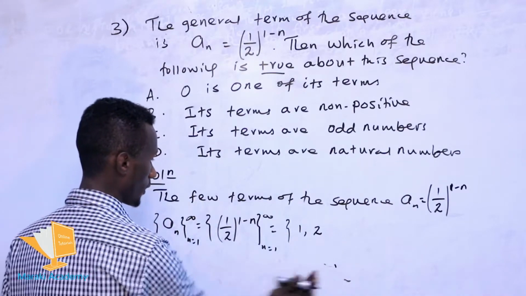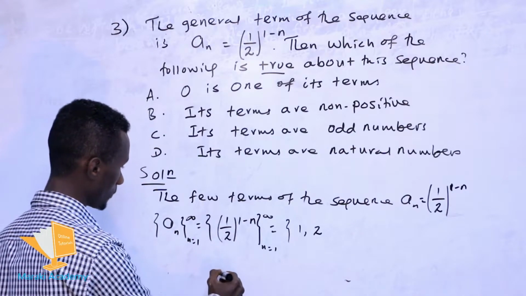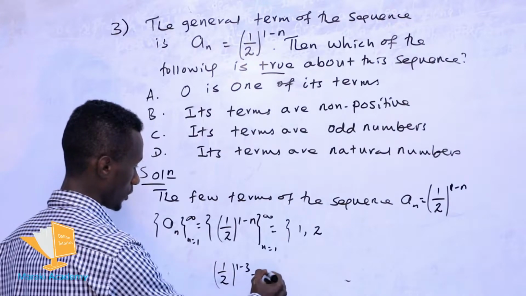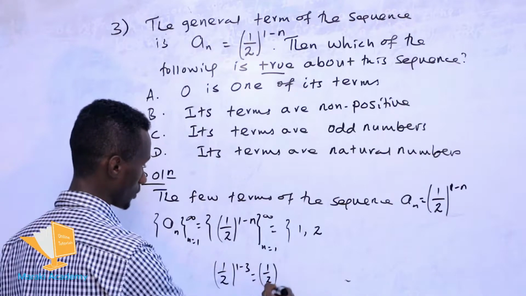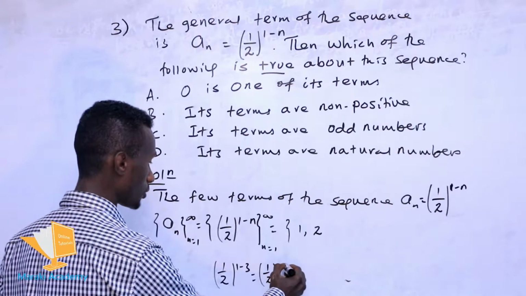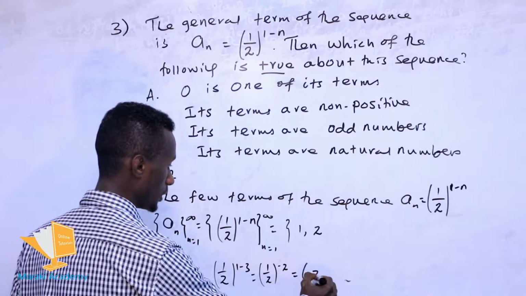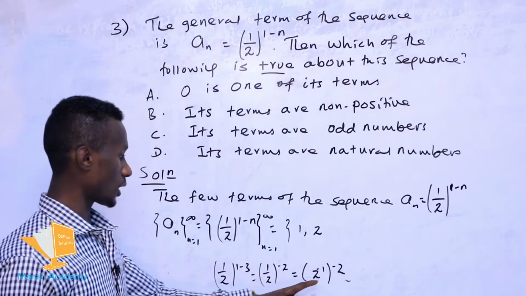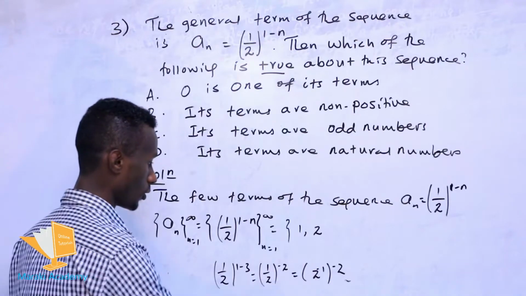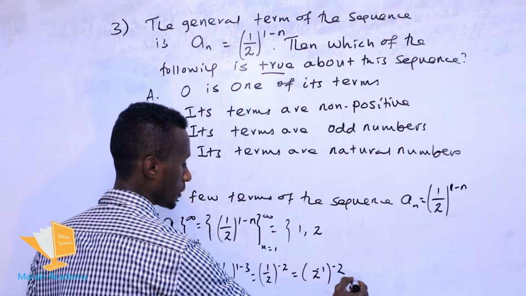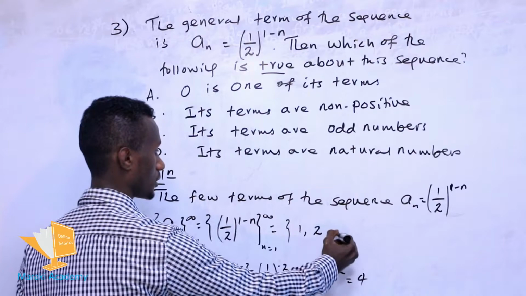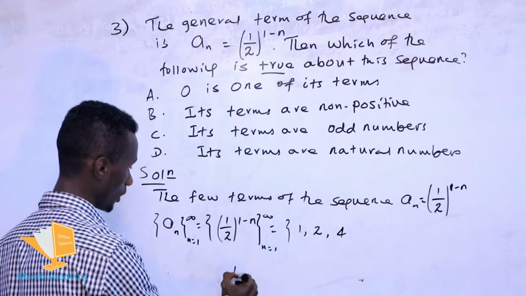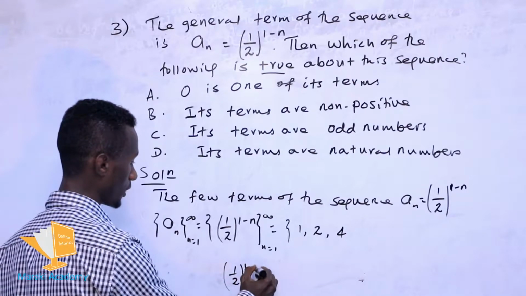Then the third term: (1/2)^(1 minus 3) equals (1/2)^(-2), which is (2^(-1))^(-2), which becomes 4. So the third term is 4.